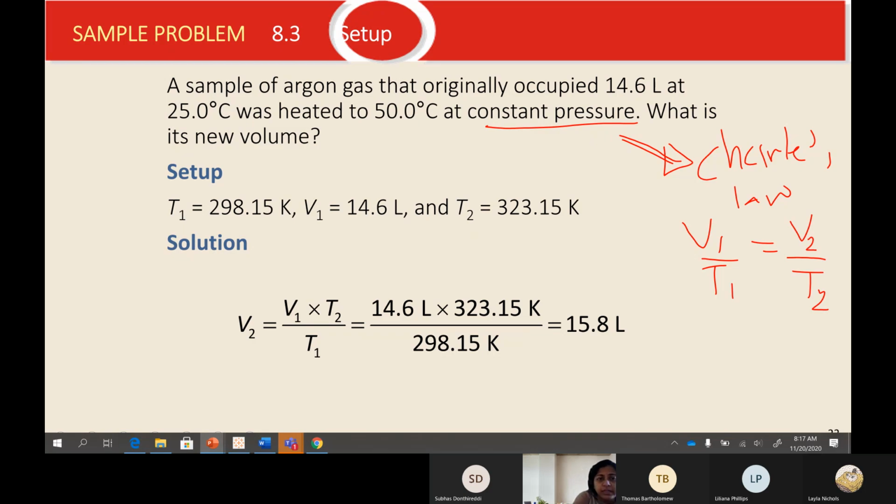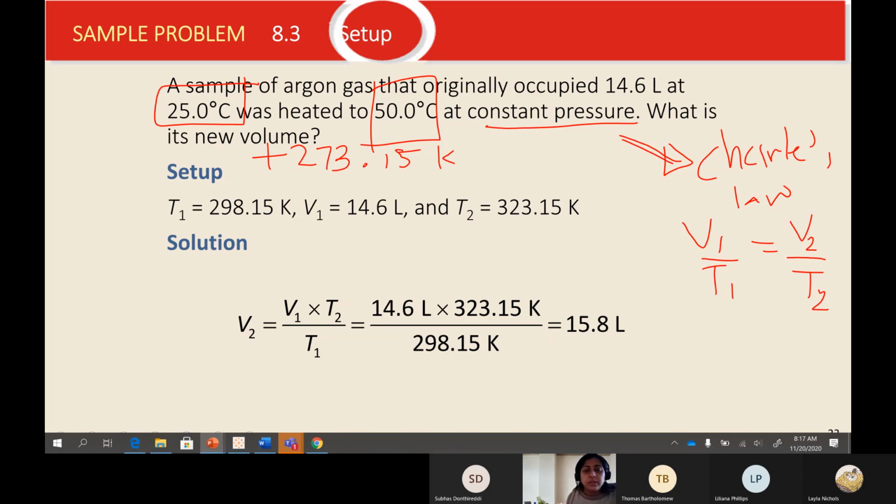Therefore, we need to change these temperatures to Kelvin first. Do you remember how you can change degrees Celsius to Kelvin? Yes, you will add 273.15 to any temperature in degrees Celsius.